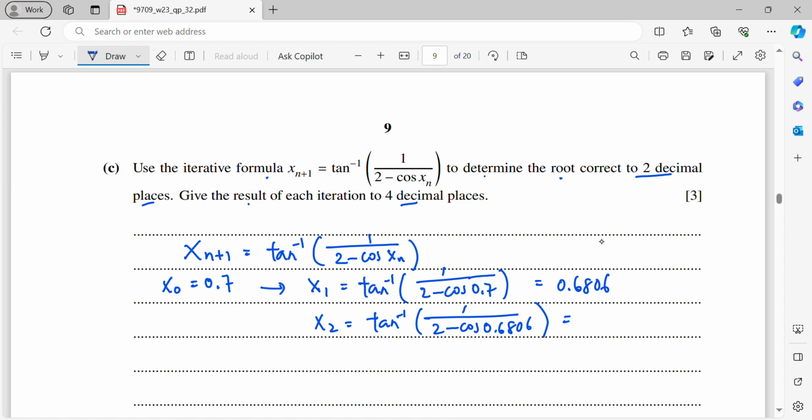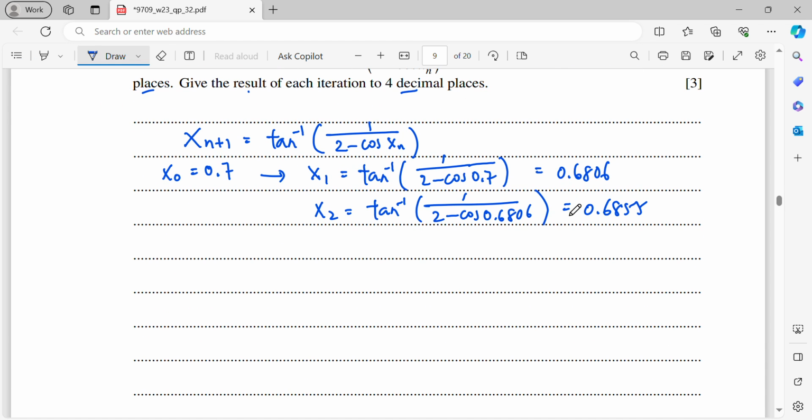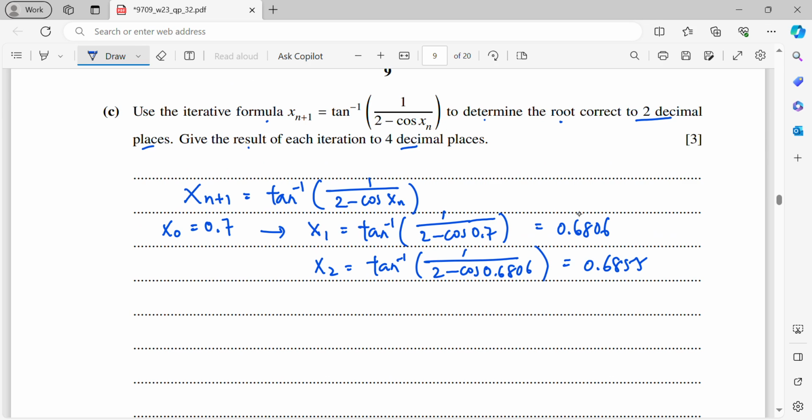Then this is going to be 0.6855. Okay, so if you are not sure when to stop, continue with the next value, x3.